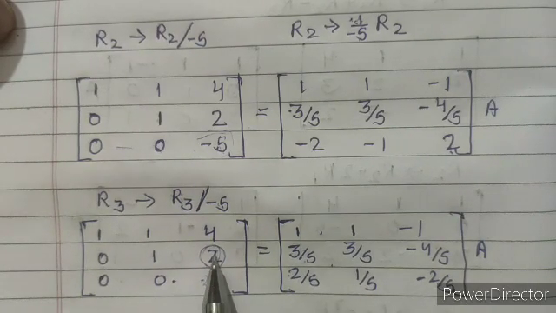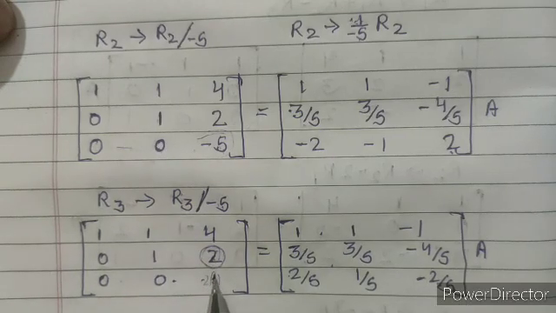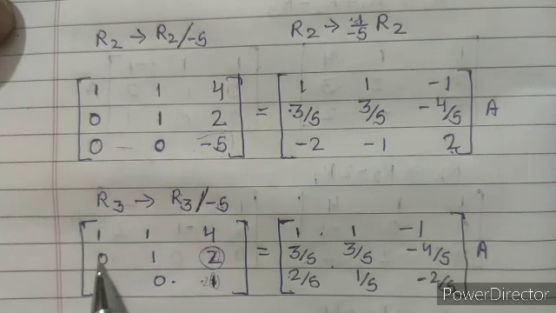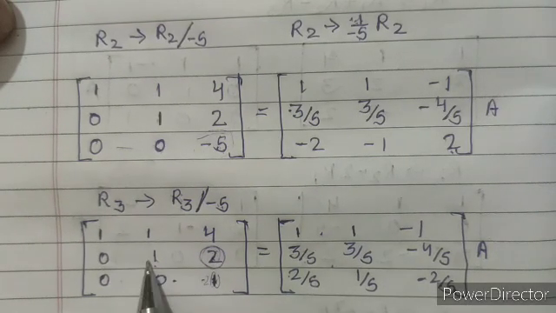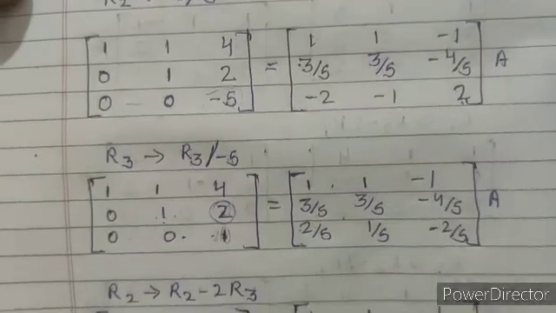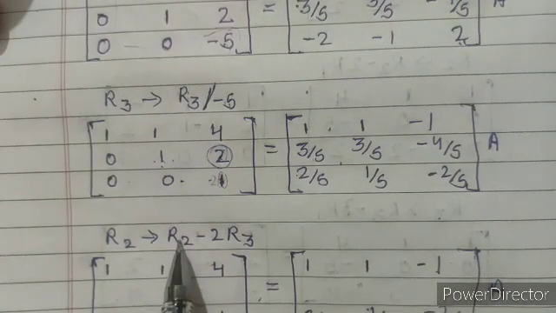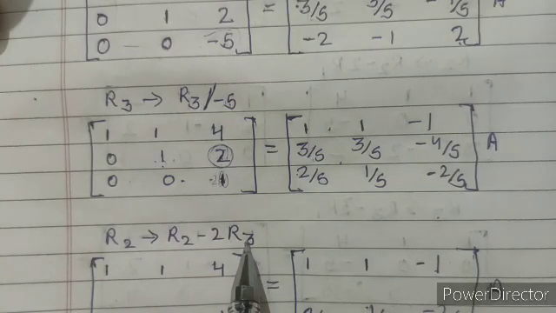That means we have to subtract the second row by the third row. And if we do this, the first two elements which we have already acquired are not changing, so we can apply this transformation here. We have to change row 2 to row 2 minus 2 into row 3.